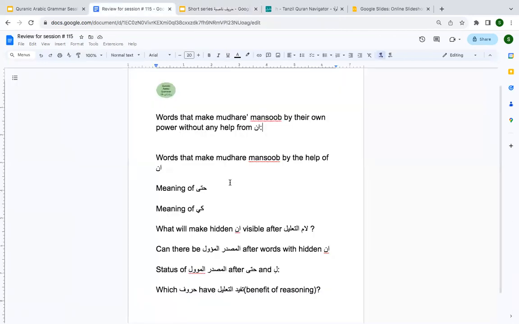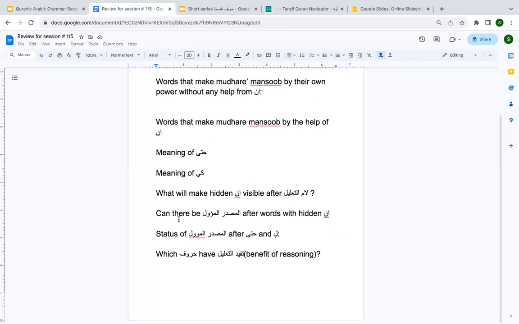Okay. Now the next question is, can there be al masdar al muawwal after words with hidden an? So after li, absolutely, right? If you have a hidden an, obviously it's going to make masdarul muawwal, and that's how we have been labeling in our last session.